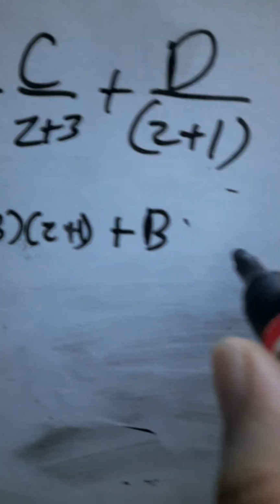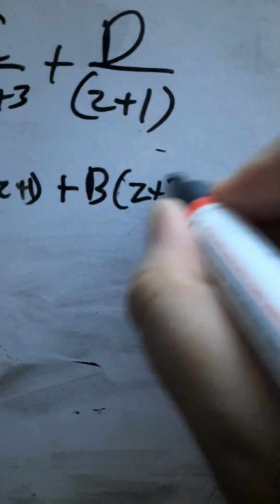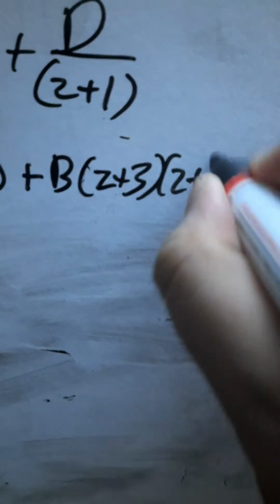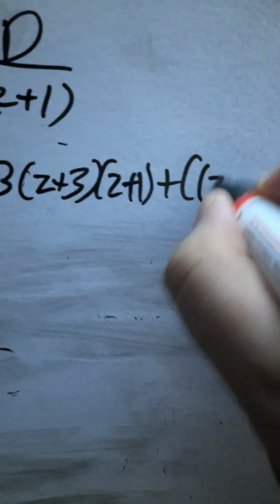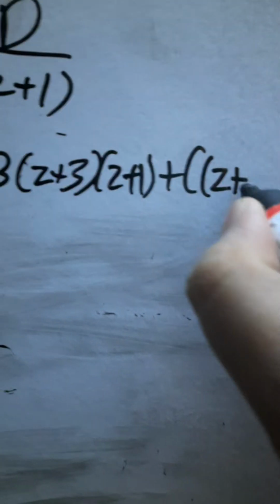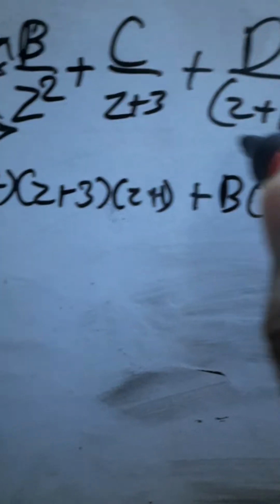So b has z square but doesn't have these two. So I would multiply these two, not z. Okay, z plus 3, z plus 1. Now plus c, z plus 1, because z plus 3 is in its own denominator.